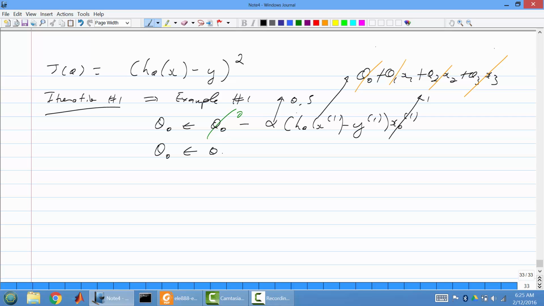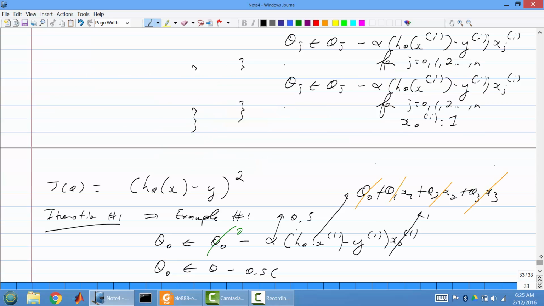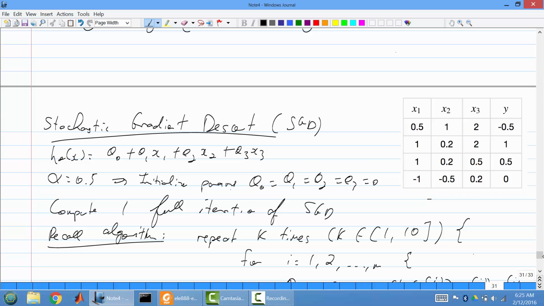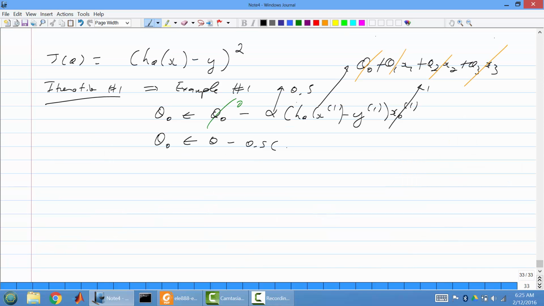So you're going to get 0 minus 0.5, and then the expected output was minus 0.5, so you get minus 0.5, and this becomes 0.25.